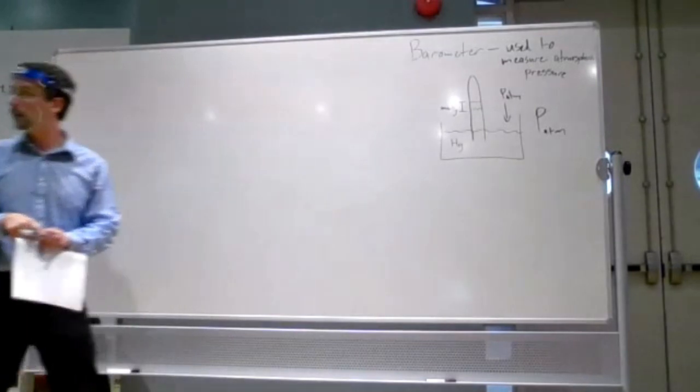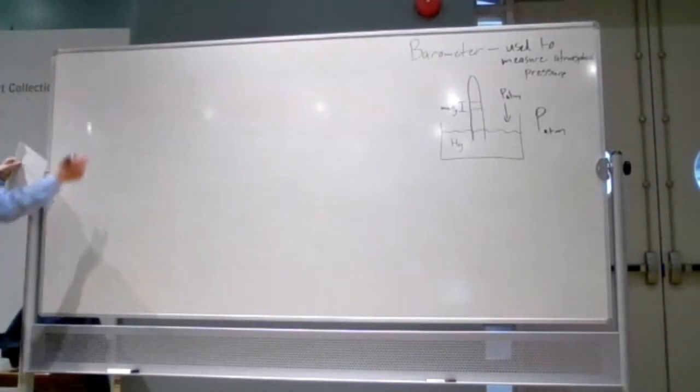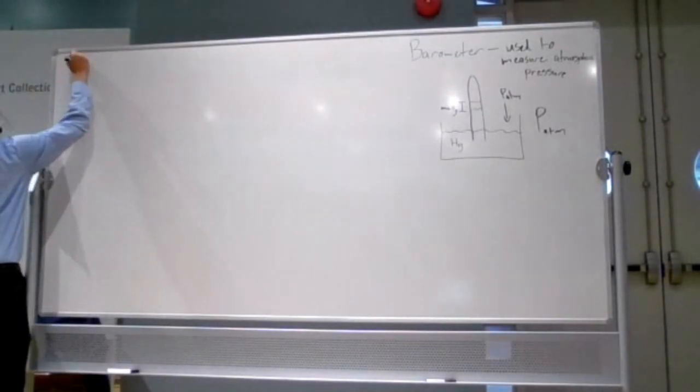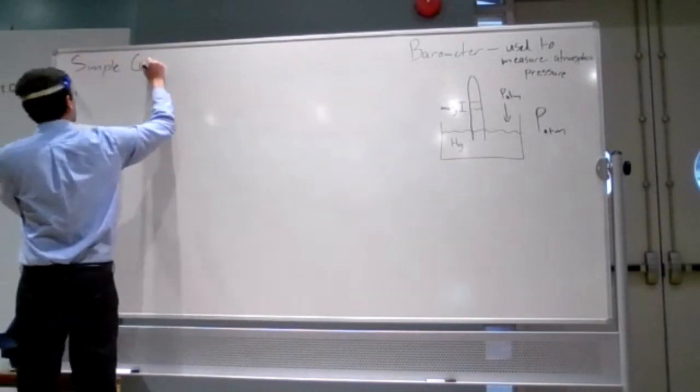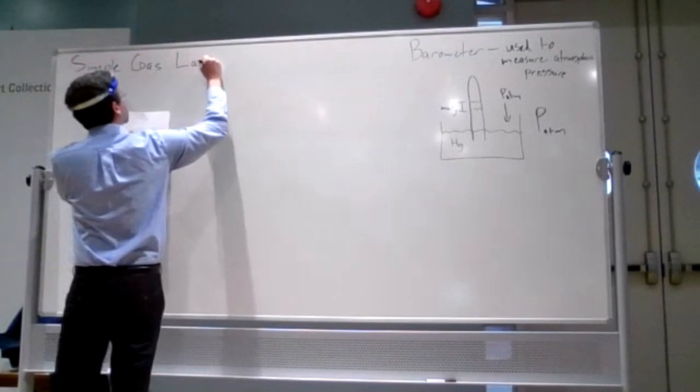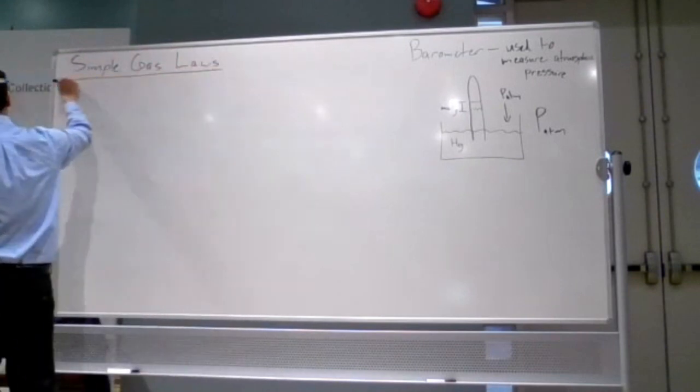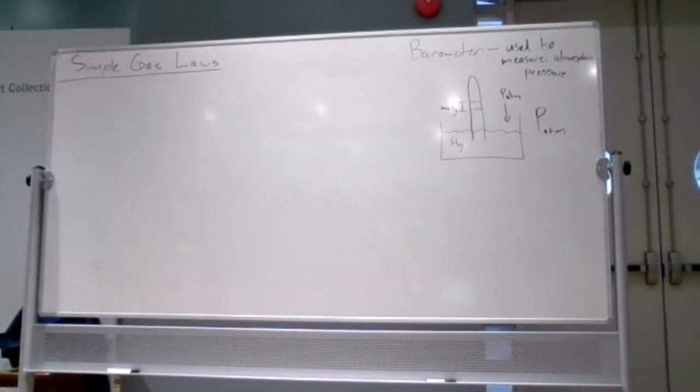It's really useful, right? Well, they came up with a series of simple gas laws. And there were 3 of them. Can anybody tell me any one of the 3? Just even the name of it.